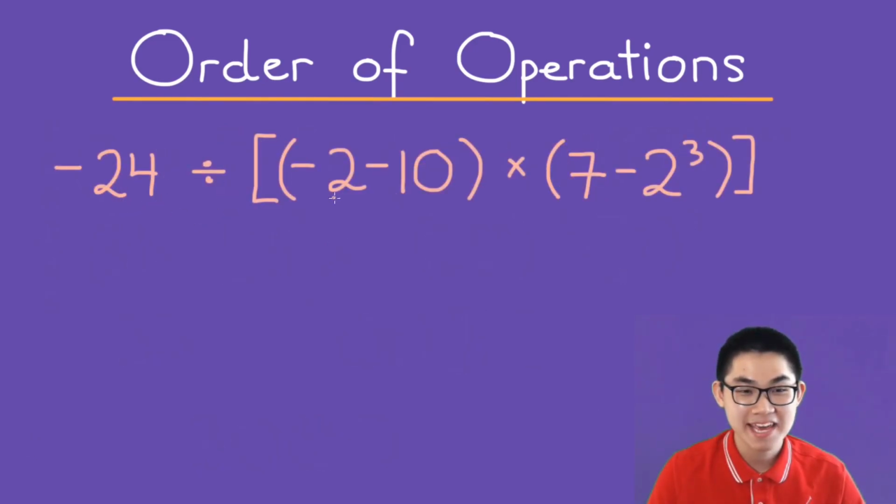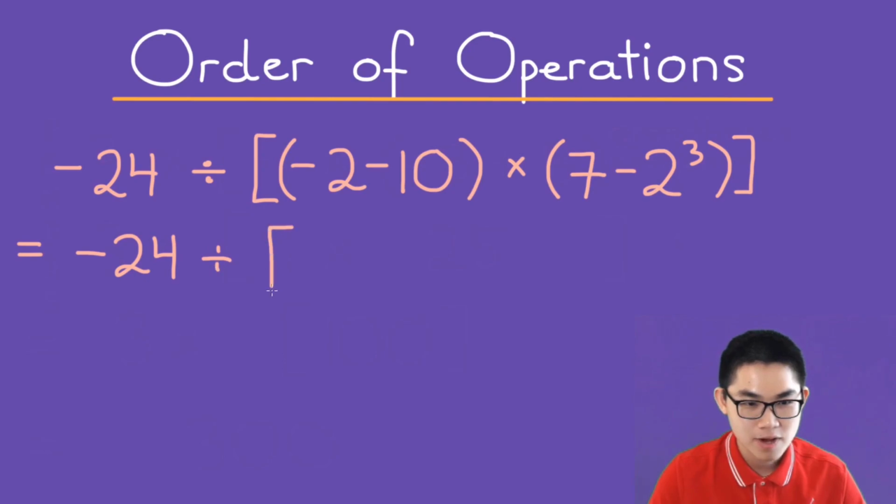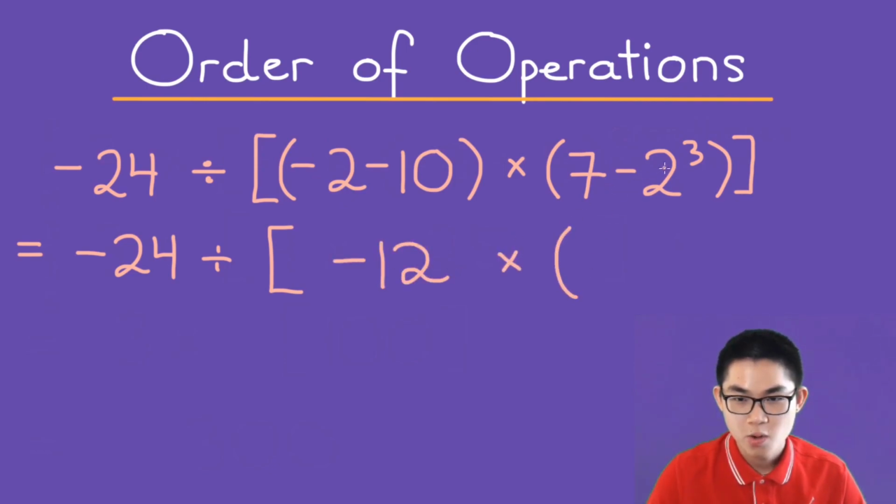Negative 24 divided by negative 2 minus 10 times 7 minus 2 to the power of 3. Well, let's do the ones in these brackets first. So we have negative 24 divided by, what is the answer to this bracket? Well, negative 2 minus 10 is negative 12. How about this one? We see to the power of 3, which gives you 8.